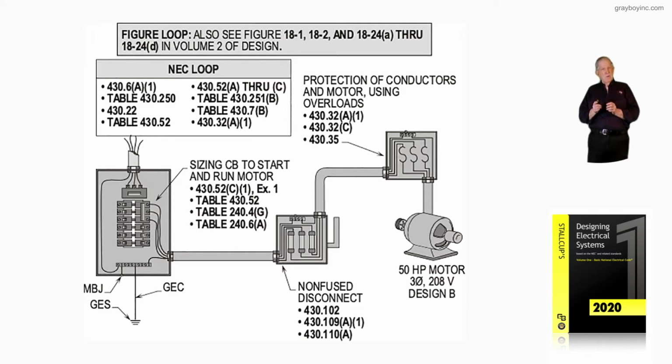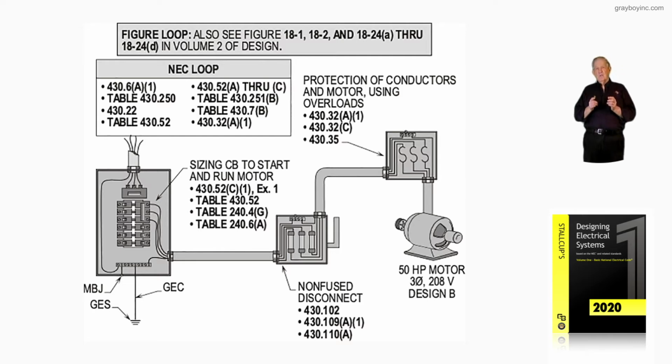So we used to have a real big problem with this with home inspectors and different inspectors that were taught 240.4D for, say, 10, 12, 14, 16, and 18 size conductors.